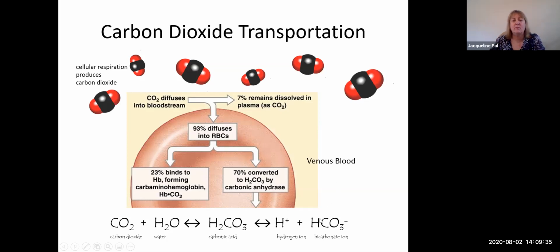Because the hydrogen had a positive charge, this now has a negative charge, as shown by the minus sign. And HCO3 minus is a bicarbonate ion. So when a bicarbonate ion binds with a hydrogen ion, that forms carbonic acid. Have you ever heard of bicarb before, as in sodium bicarb? Sodium bicarb is a bicarbonate with a sodium. That's what baking soda is, for those of you who like to bake.